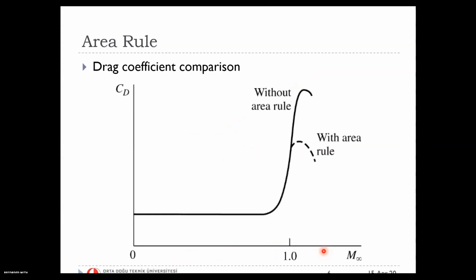And then if you look at the drag coefficient comparison for these two aircraft, you would see that the one with an area rule has a smaller peak value at Mach number 1 when compared to the without area rule case. Okay, so this is an important rule of thumb when you are at the stage of designing an aircraft.